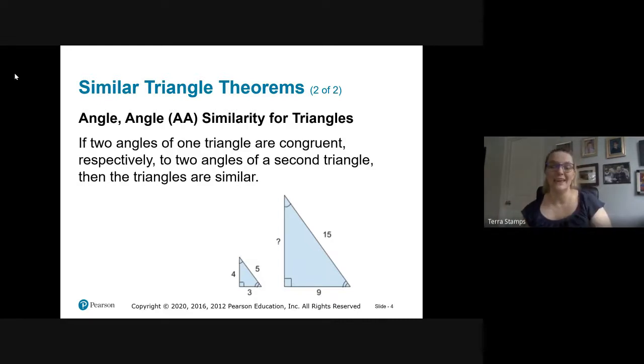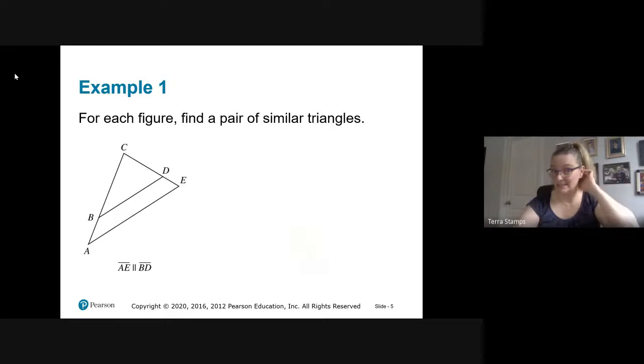So what is the scale factor? So these are all proportional. That means that you're multiplying the sides of that smaller triangle by the same number, that same scale factor, to get that bigger one. Well, it looks like it's 3, right? Because 3 times 3 is 9, 5 times 3 is 15. So 4 times 3 would be 12. So that missing side there would be 12.